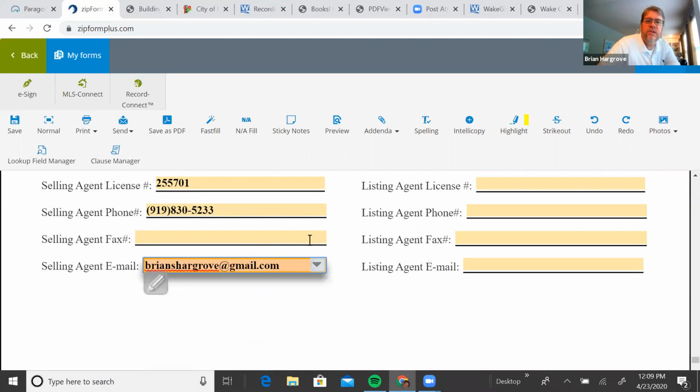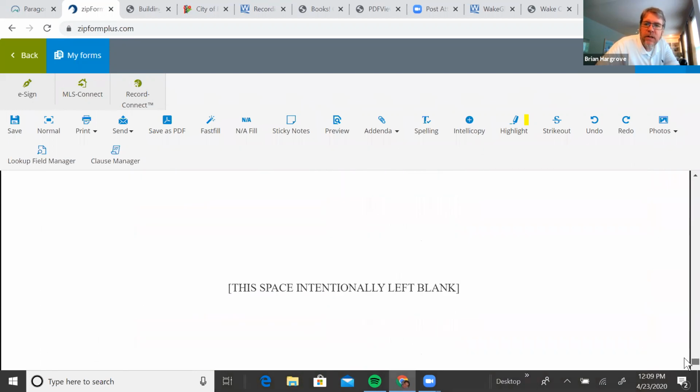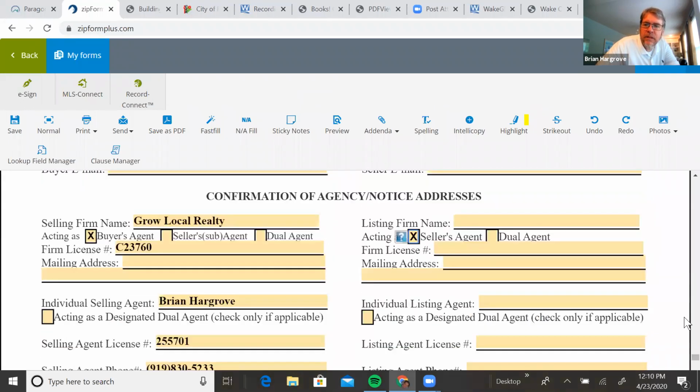So the only other thing I'm going to do on here, I can play nice and fill out as much as I can figure out about the listing firm, but I'm certainly going to put in the listing firm's name, that they represent the seller. If I can find their firm number, anything you can do to help out on this side is great. But minimally on this side, I want to put the listing agent's name and how I'm communicating my side to them.